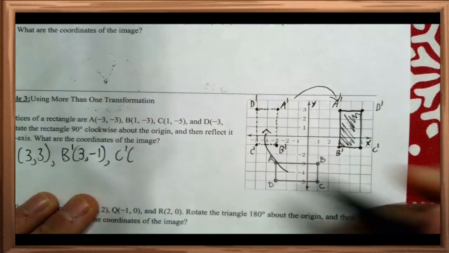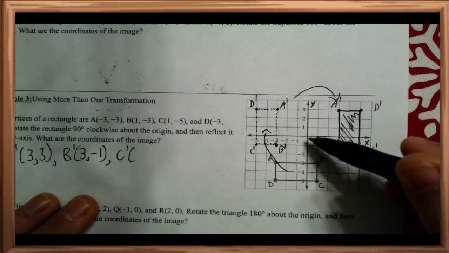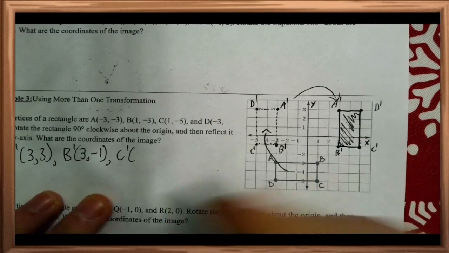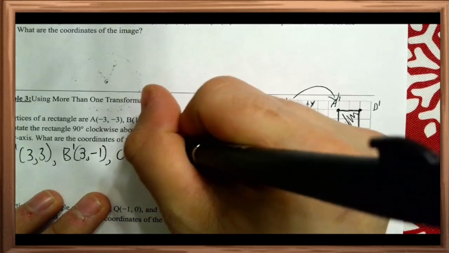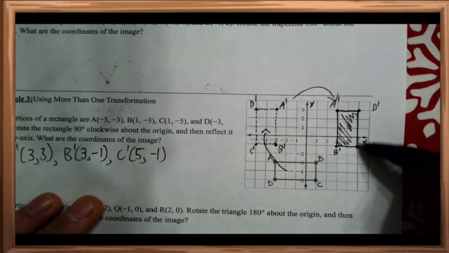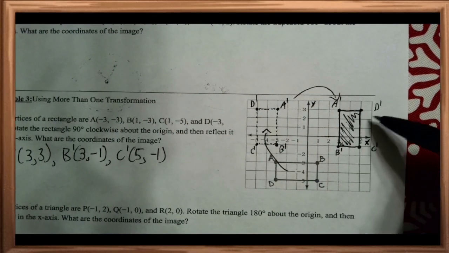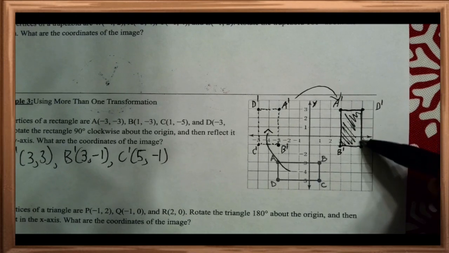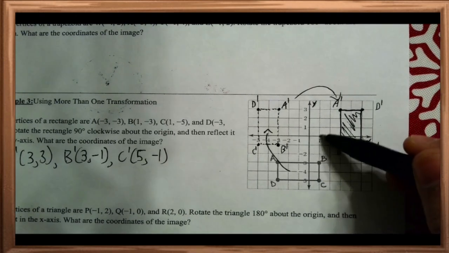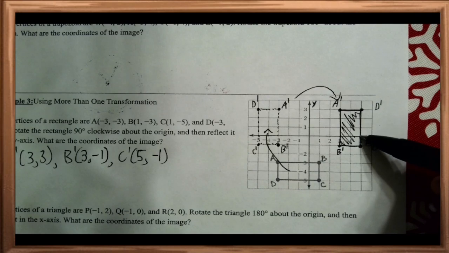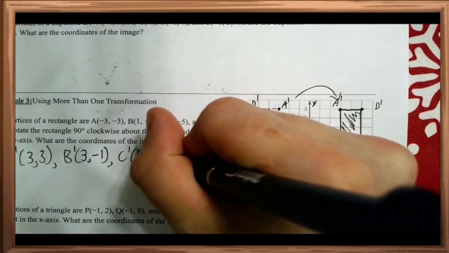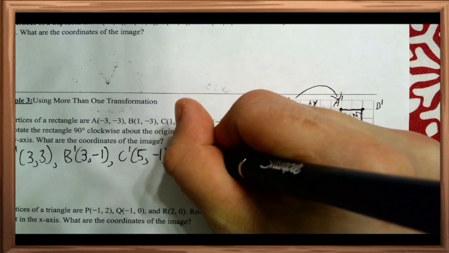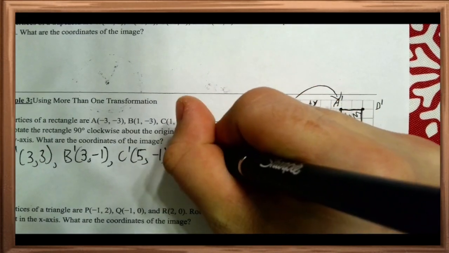C prime, well, we have 1, 2, 3, 4, 5, and then down 1, so negative 1. And then D is 1, 2, 3, 4, 5, 1, 2, 3. So D prime is going to be 5, 3.